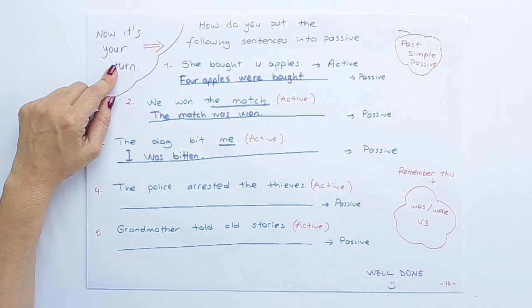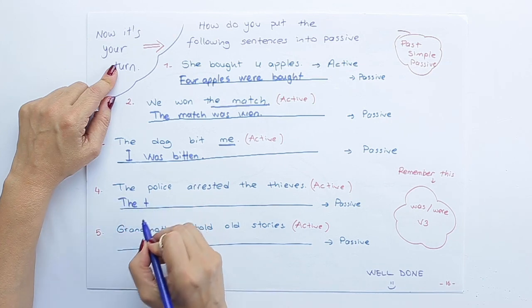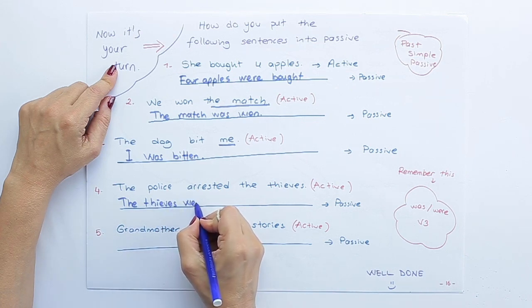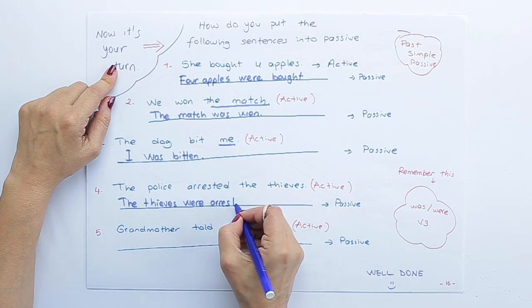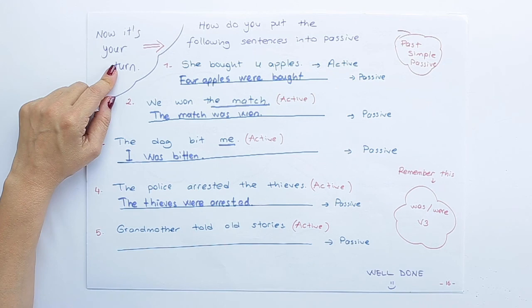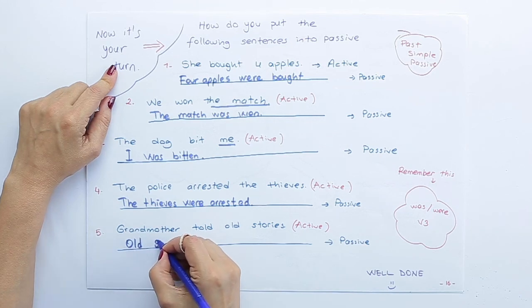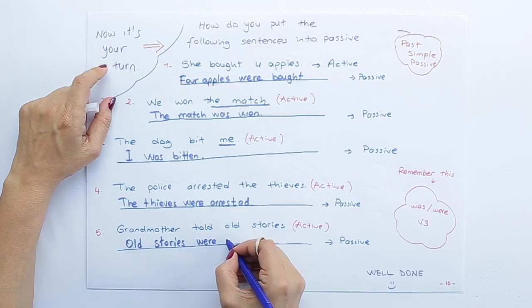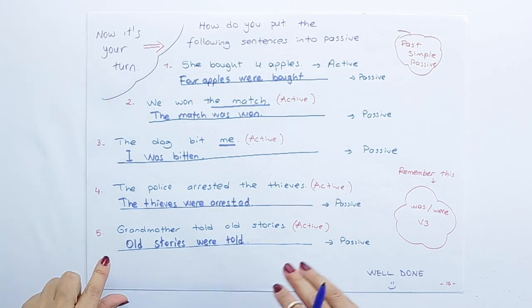This is my active sentence. The thieves were arrested. Grandmother told old stories. This is my active sentence. Old stories were told. Well done.